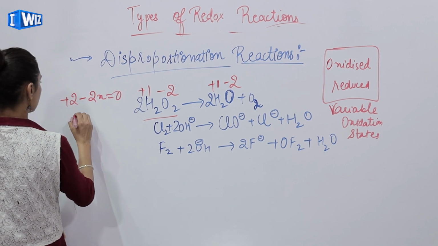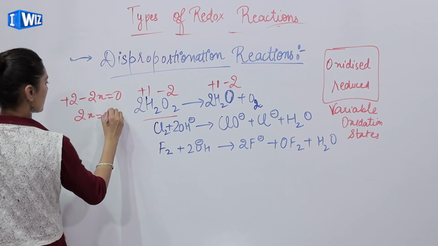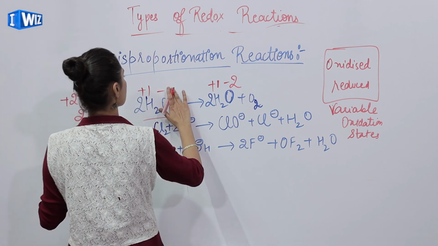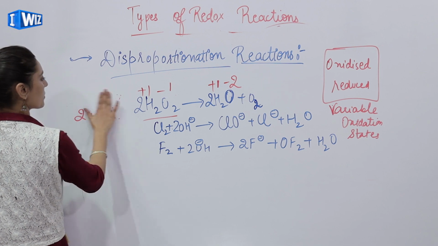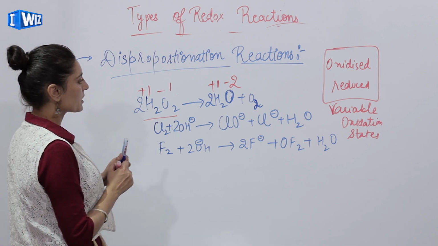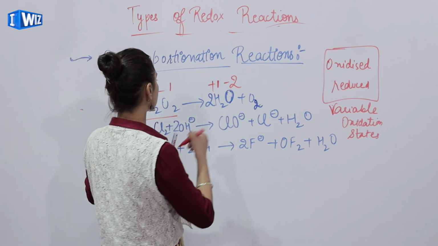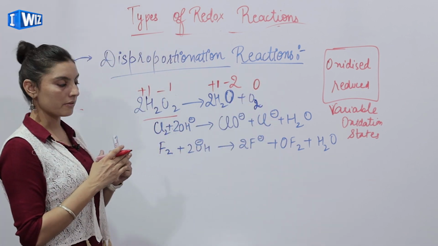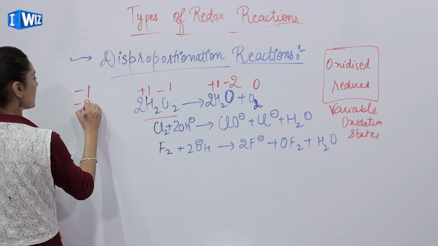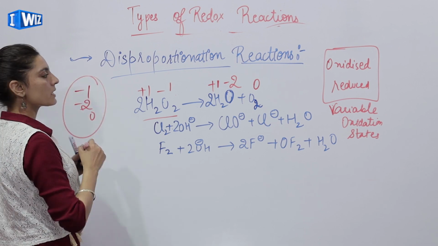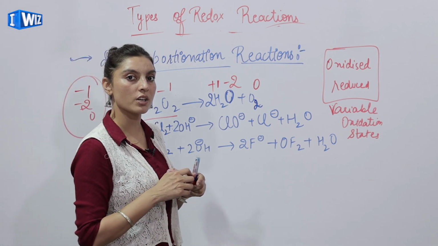So 2x is equivalent to 2, it's in the -1 state. Fine. So we have hydrogen peroxide, which is present in this particular state. Here it is -1, and oxygen in the 0 state we have. Clear? So oxygen is present in the -1, -2 and the 0 forms. Hence we could say that this reaction is a disproportionation reaction.